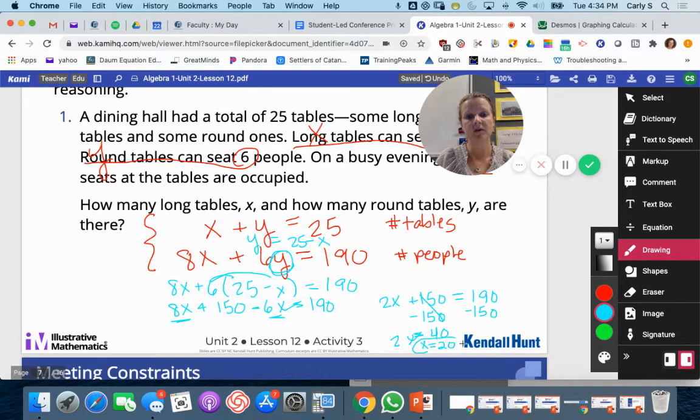So I have 20 long tables. If I have 20 long tables, how many round tables do I have? 20 long tables. I'm not sure how many round tables, but I have 25 tables total. That means that I have 5 round tables. So it's not impossible. It is kind of challenging, but I know you can do it. So system of equations, and I solved.